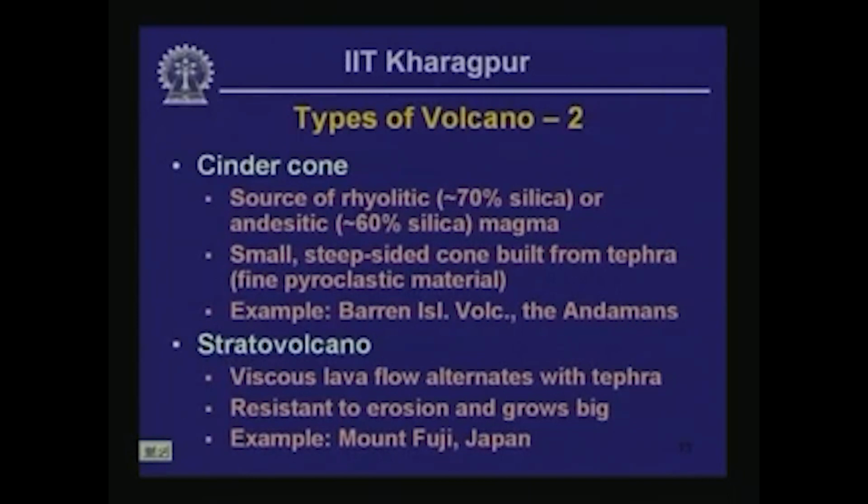And if you recall from the discussion that we had on volcanism earlier, the viscosity of magma changes with silica content, and as silica content goes up, the magma or lava becomes more and more viscous, and the volcanism associated with such magma is typically more explosive in comparison with the volcanism associated with lava or magma that has a smaller silica content.